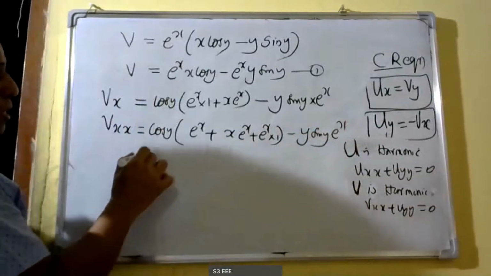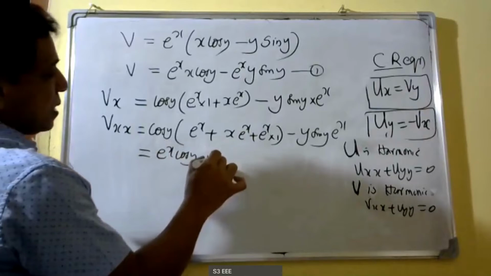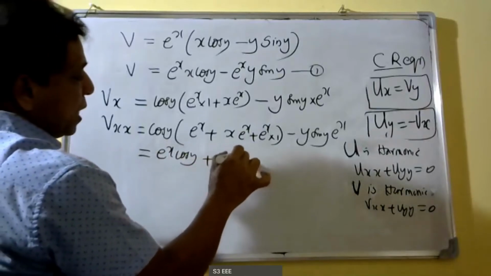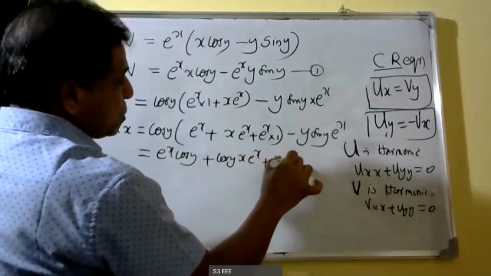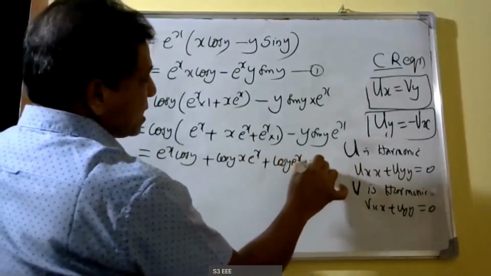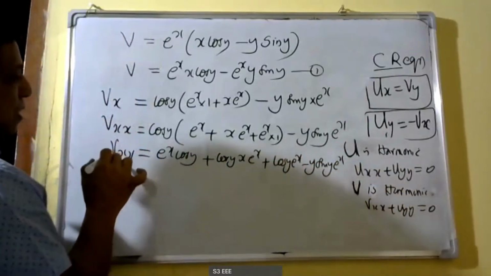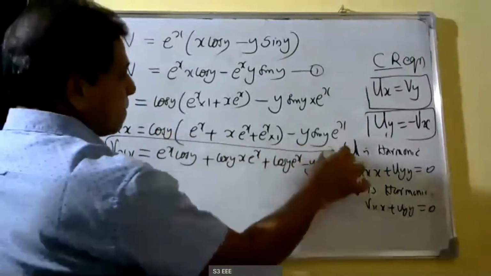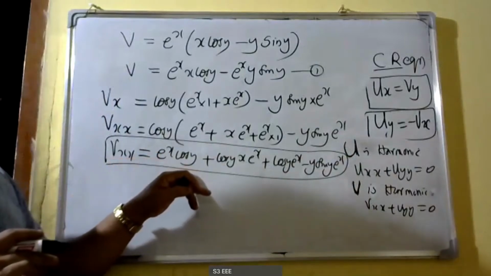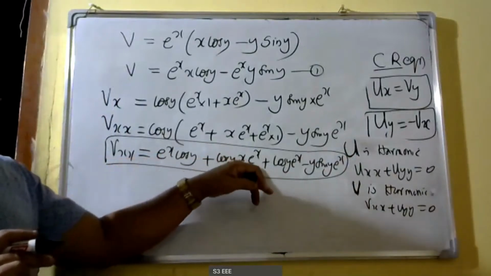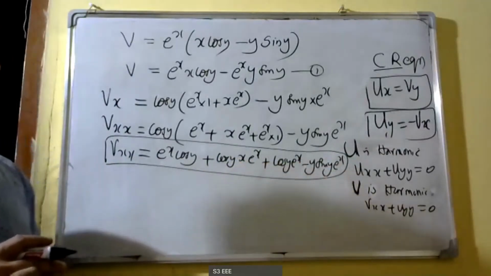That is, when we remove the bracket, e raised to x into cos y plus cos y into x into e raised to x plus cos y into e raised to x minus y sin y e raised to x. This is known as Vxx. Vxx is equal to e raised to x into cos y plus cos y into x into e raised to x plus cos y into e raised to x minus y sin y into e raised to x.